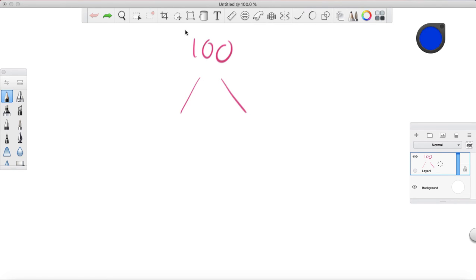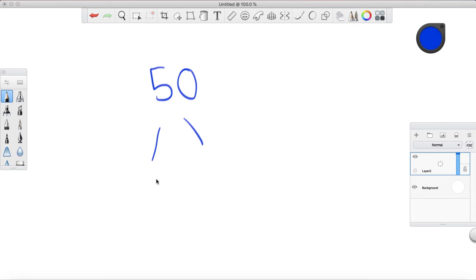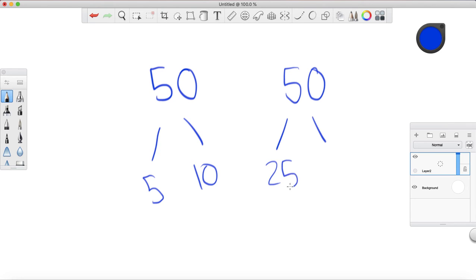If I were to do 50, here, let me show you what I mean. If I were to do 50, and I'd do 5 and 10, and then here I would do 50, and I would do 25 and 2. Then it would be like 5's prime, 2's prime, right?